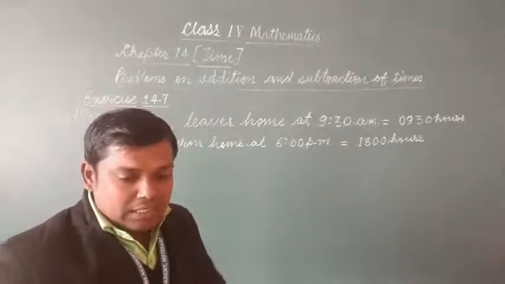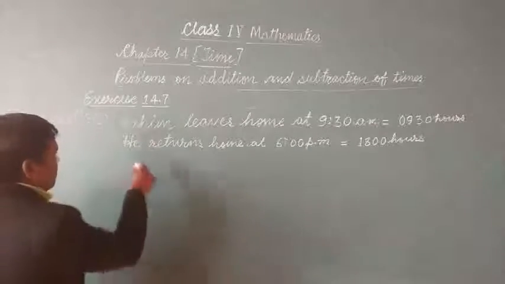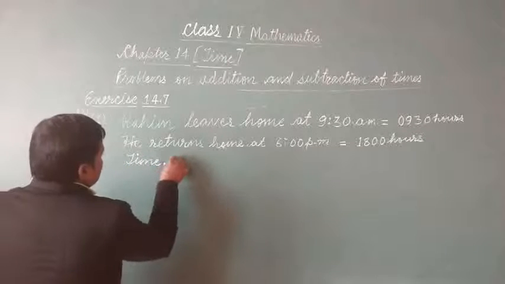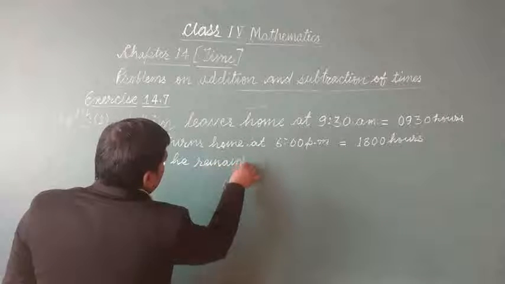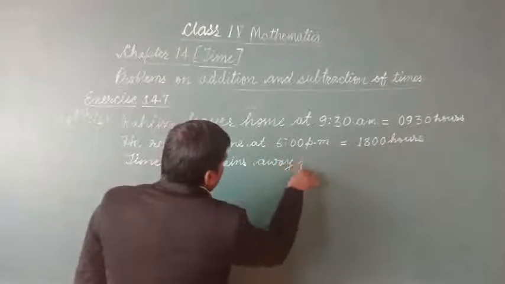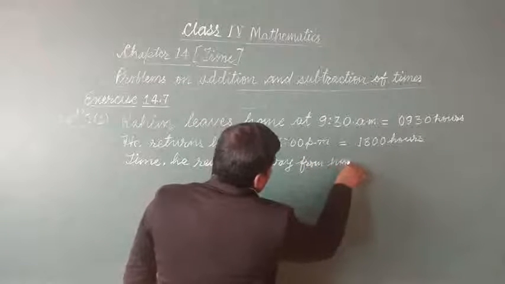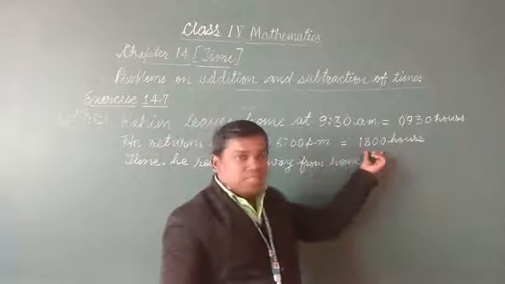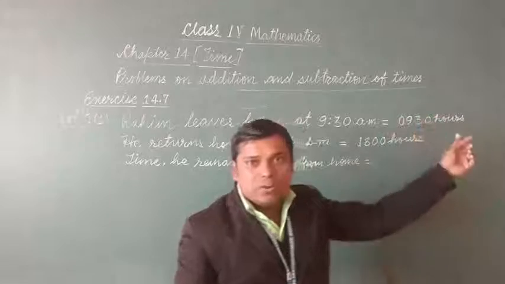So we write time he remains away from home is equal to. So this is the time when he returns to home and this is the time when he leaves the home.